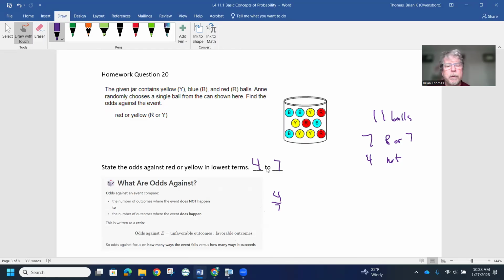And that's what our question uses, the word to. But that could also be 4 over 7 or 4 colon 7. So 4 that are against to the 7 that are in our favor. So notice how there is a little bit of difference between favorable and unfavorable, if you will.